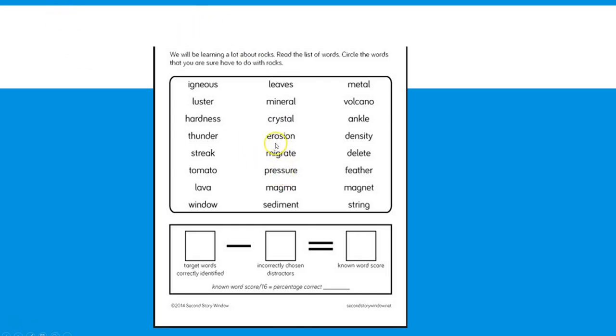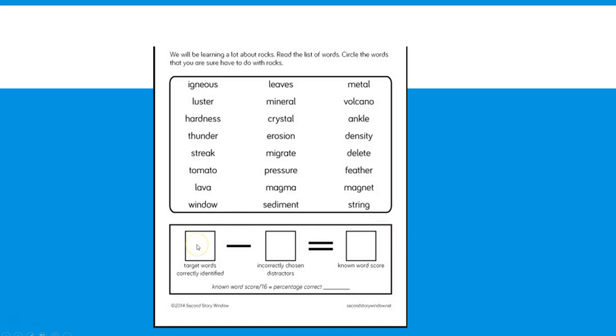You've got some foils here, like migrate, string, delete, ankle. These words are put in there purposely, again as foils, to see if students misunderstand one of those words as having something to do with the content, which in this case is rocks.